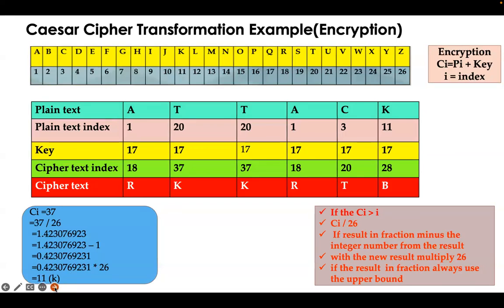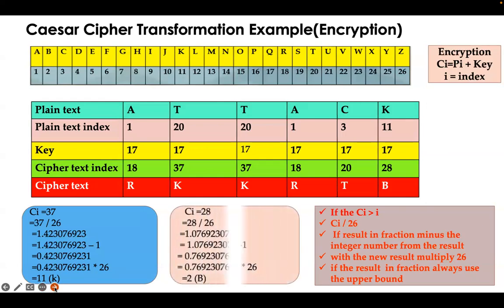for 28, the process is the same. 28 is also a bigger index, which we don't have in our index value. So we have to divide it by 26. Then we will get an answer which is 1.0769230077. And we have to minus the integer value from it.